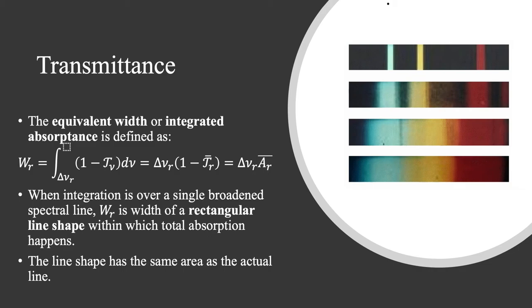The way we define it is to define an equivalent width or integrated absorptance, if you will, and they're defined as the average absorptance times the frequency band that you're considering. So, suppose you have complicated transmittance that looks like this. Having something like this means that it's like substituting an average absorptance over this particular frequency band that you are considering. Okay.